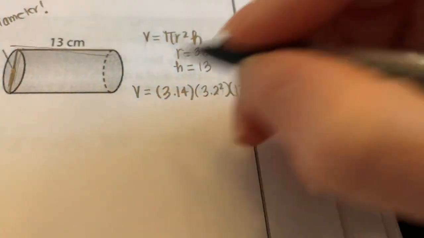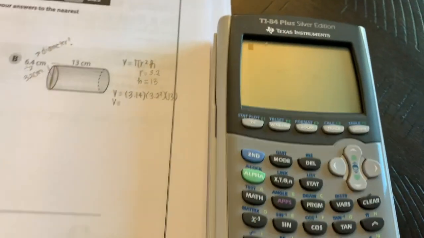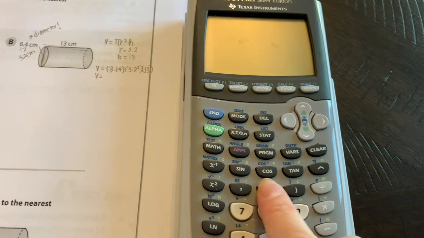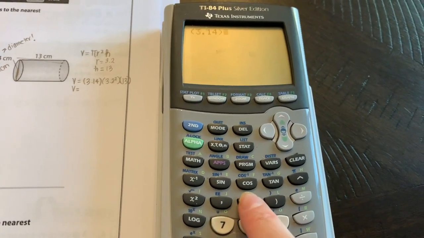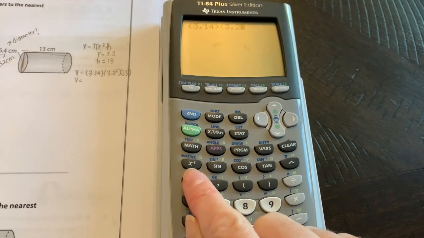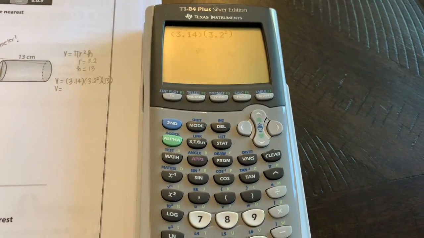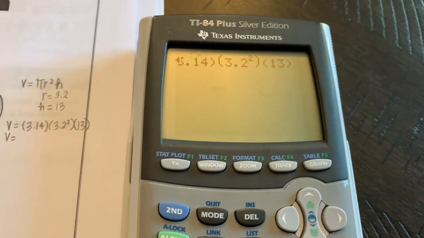And now I'm going to put that all in my calculator, just like I did before. I'll show you again just in case. Parentheses, 3.14, close your parentheses, open your parentheses, 3.2 squared, close parentheses, open, 13, close. It should look like that, and then all you do is push enter.